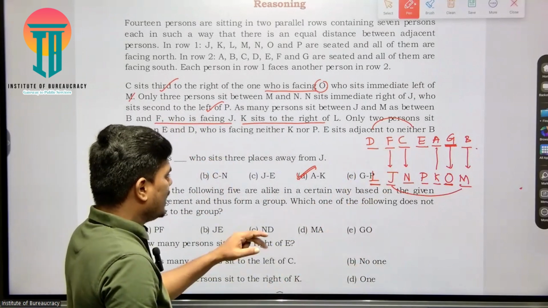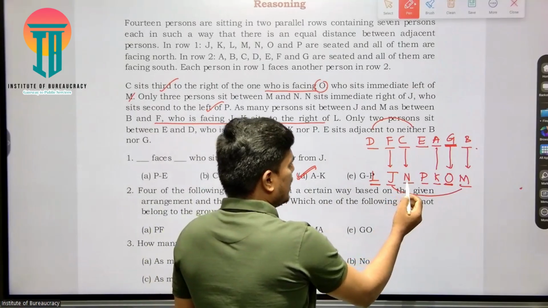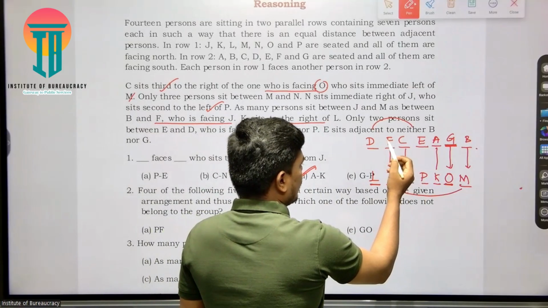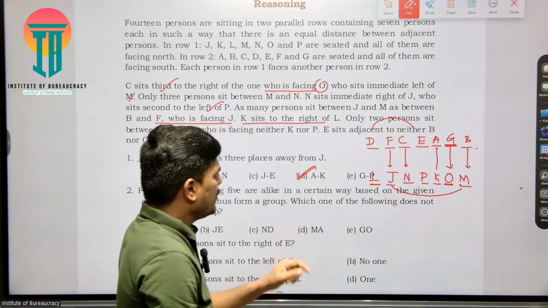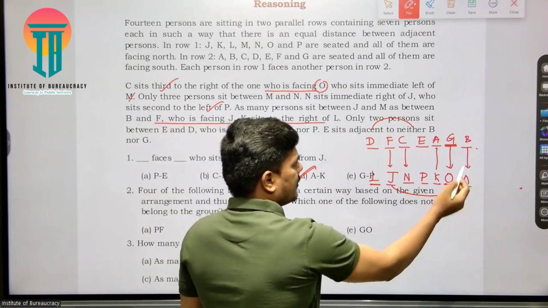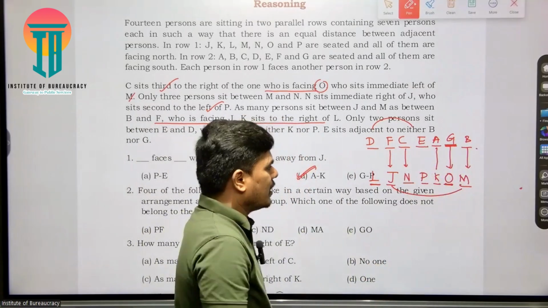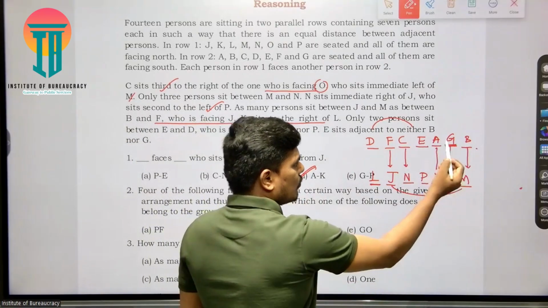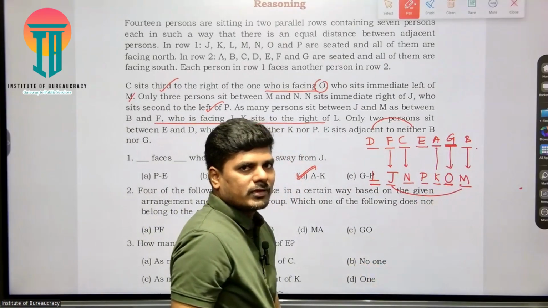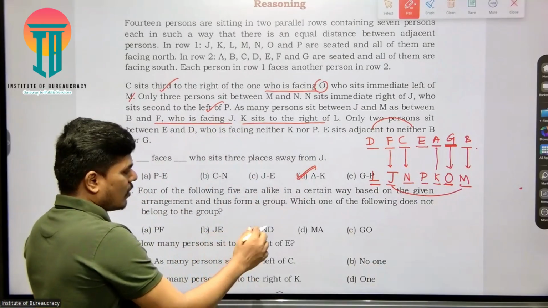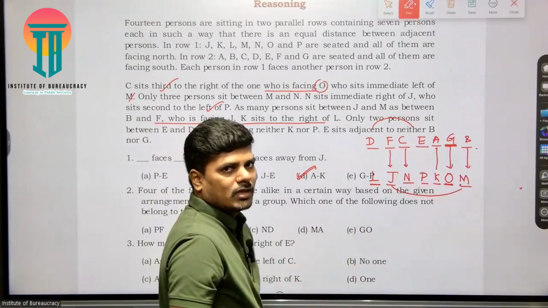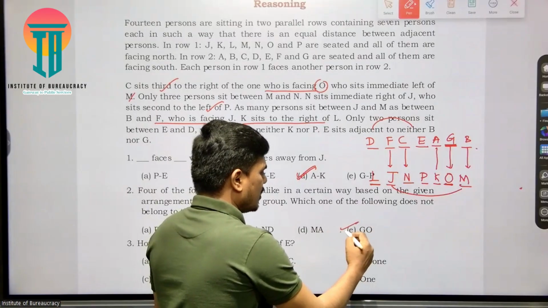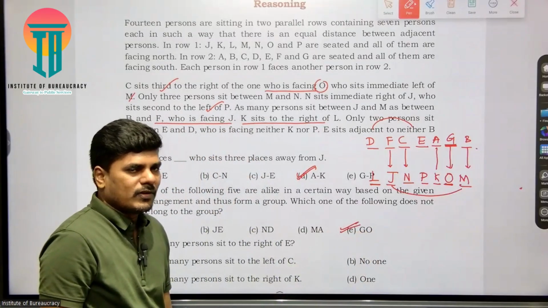And then ND, first to second person. MA, first to second person. But they are opposite. But if you take GO, they are opposite. So these 4 are following one rule, but this is not following that rule. Therefore, this is different, and this is the answer for the question.